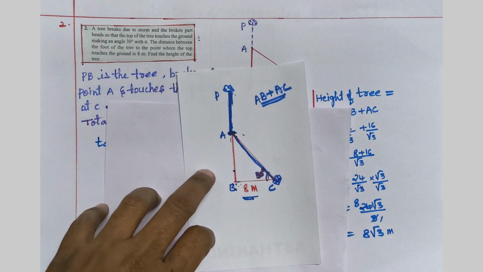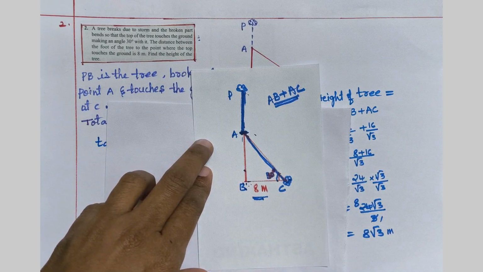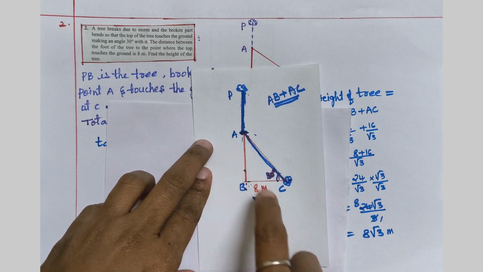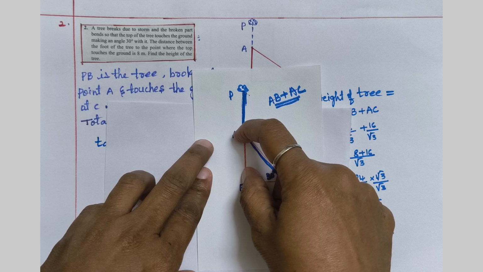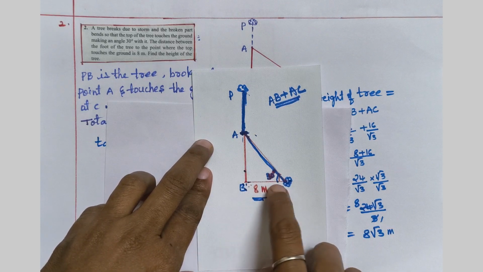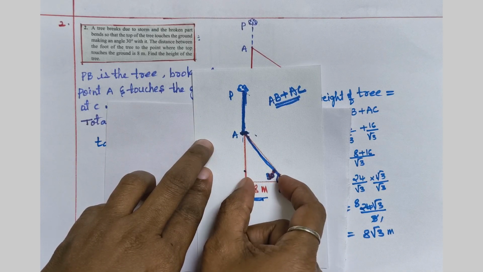How to find? Carefully listen. First we will find AB height. To find AB height, first use tan. Tan means perpendicular by base, and that gives the AB answer. Next, cos. Cos means base by hypotenuse. Already you know the base.